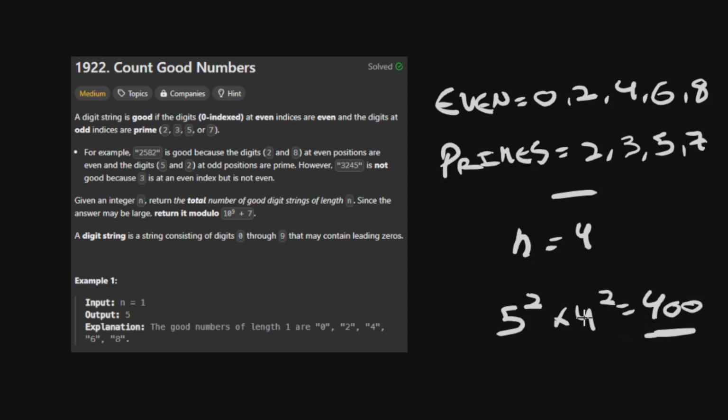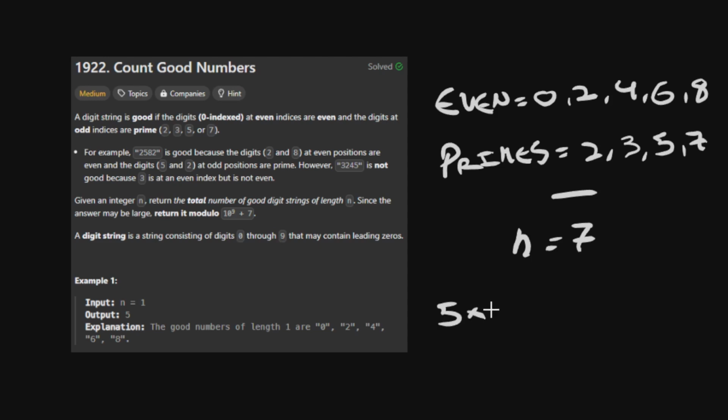Okay, now let's say we have some odd number in n. Let's say n is 7. In this case our formula would be 5 times 4 times 5 times 4 times 5 times 4 times 5.